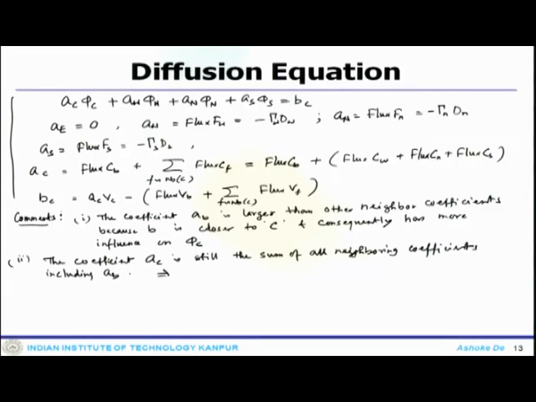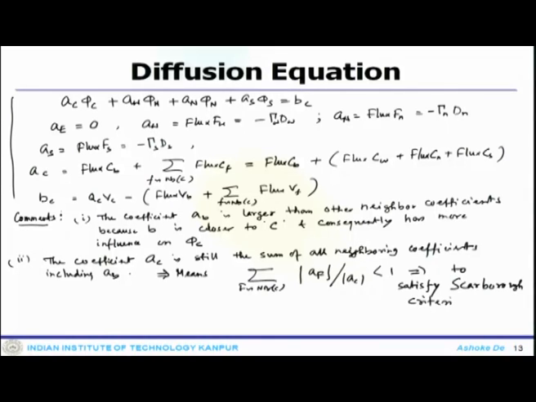This means that for the boundary element, the criteria, mod of AF divided by mod of AC less than 1, gives the second necessary condition to satisfy the Scarborough criteria. So, this is the second observation.